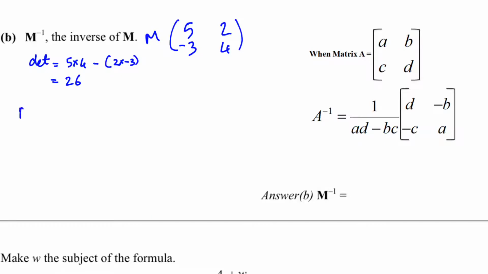And now we will use it in our formula. Determinant is 26. We will switch places of 4 and 5, change signs, and we are done. So memorize this formula very well.